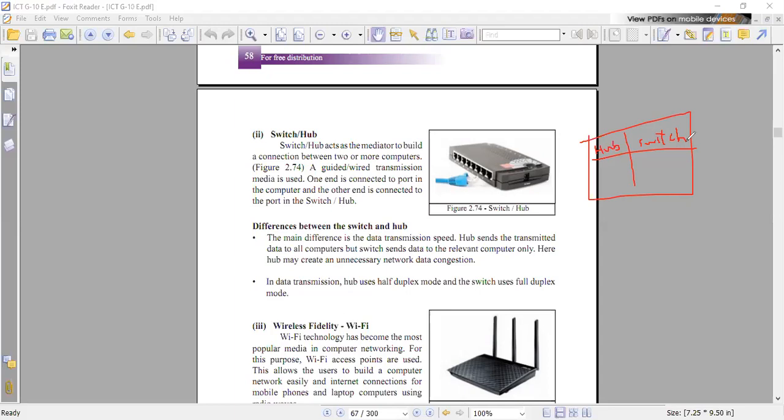Under switch, data transmission method is full duplex. Then next point under hub, not intelligent.